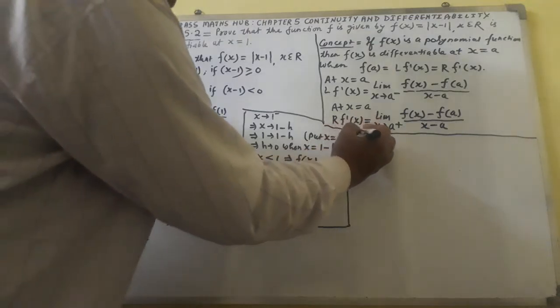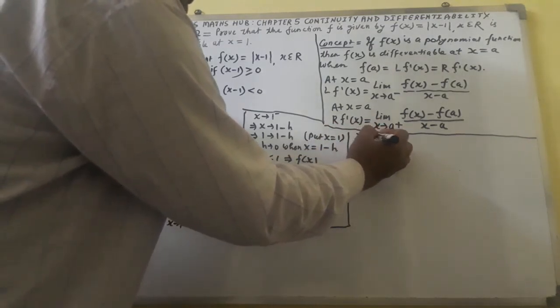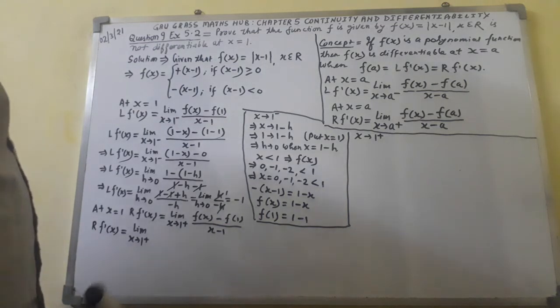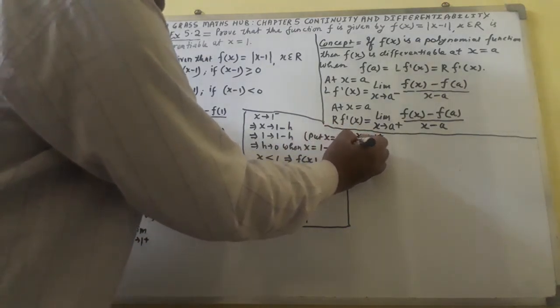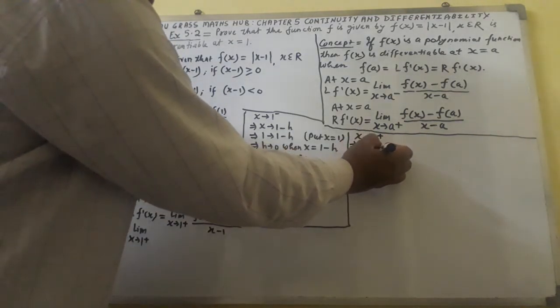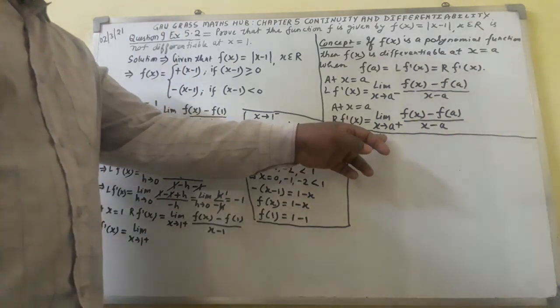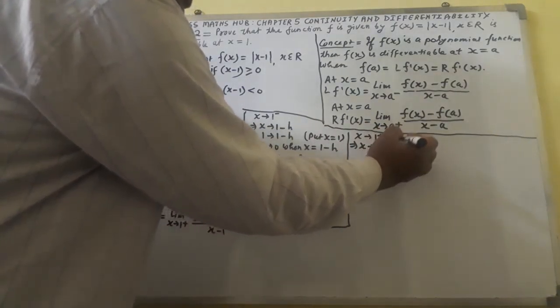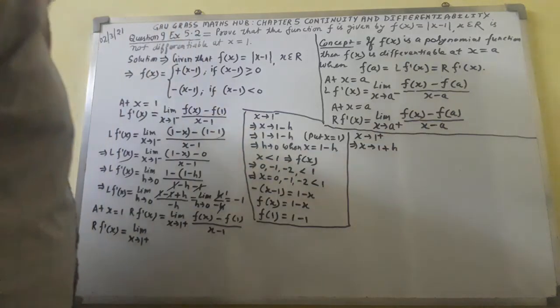So here I shall write x tends to 1 plus. This means that x tends to 1, and this positive sign moves to the right edge.